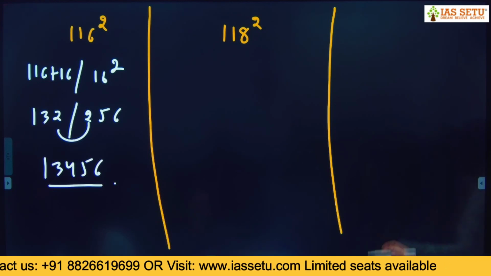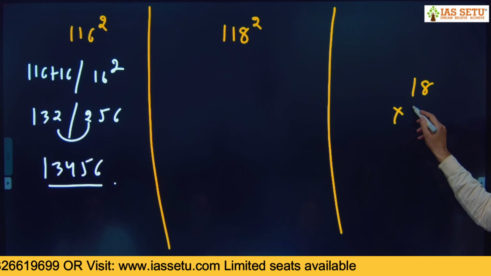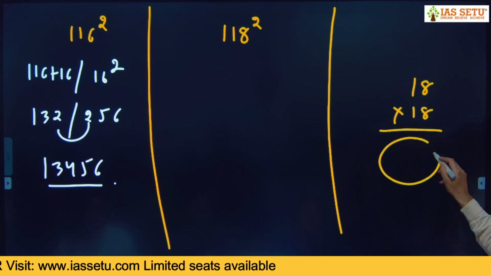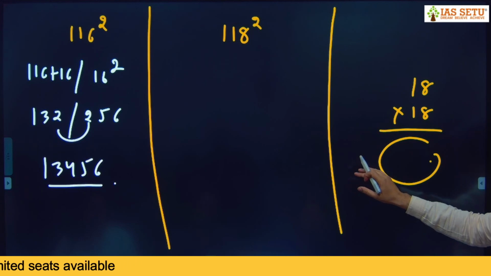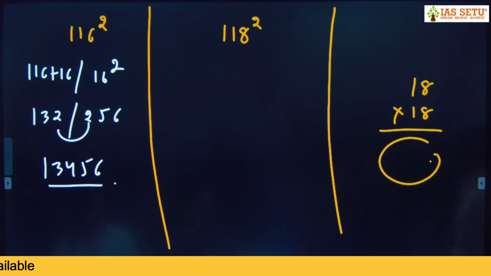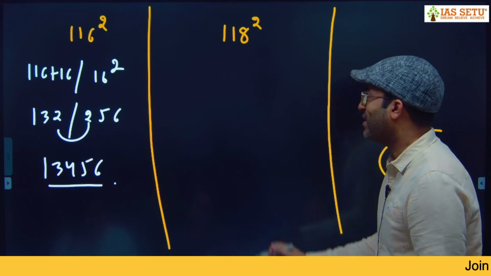If my suggestion is, if you are doing 18 into 18 with school calculation right now, then leave this short trick. Okay? Then it is going to be time consuming itself. Then we will do it with school calculation. Then in the end, in the exam you have to do this only.